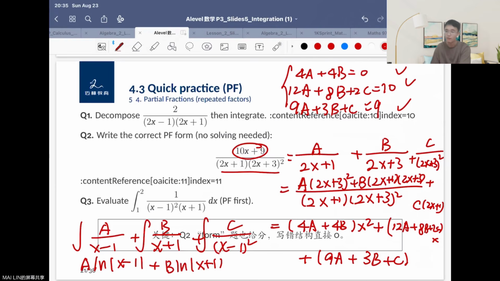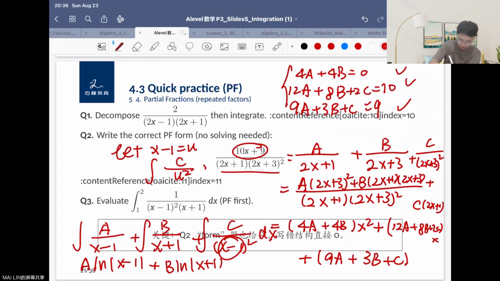I will give you a very simple hint. Consider dx, and let x minus 1 equal u. Then it translates into C over u squared times du.